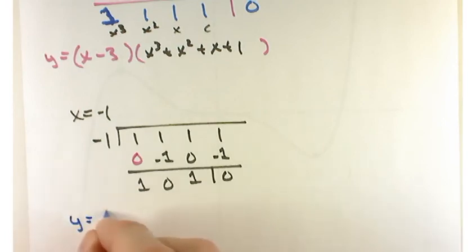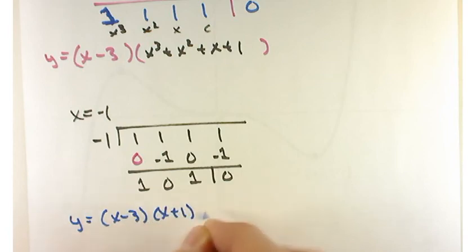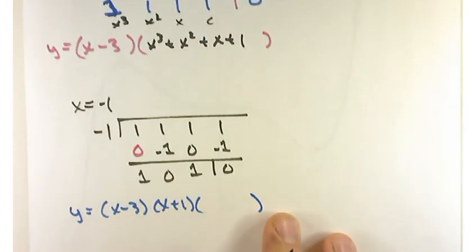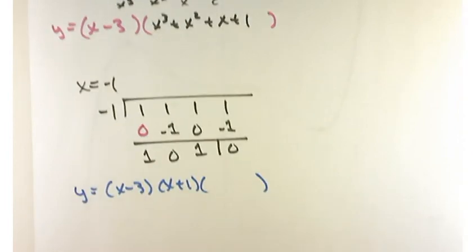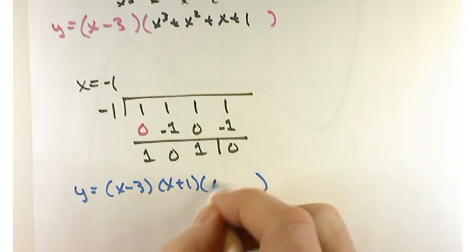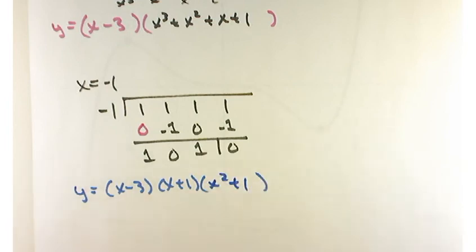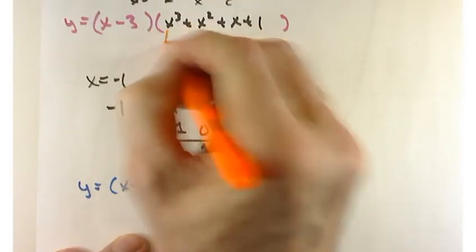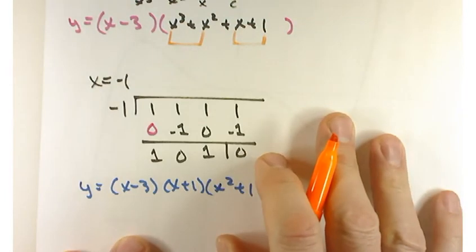That enables me to rewrite this as x minus 3 times x plus 1 times something else. What else is left? X squared plus 1. Now, a minute ago, I said there's another way you can do this: factoring by grouping.